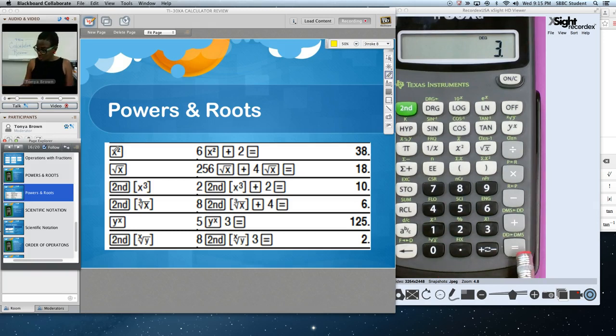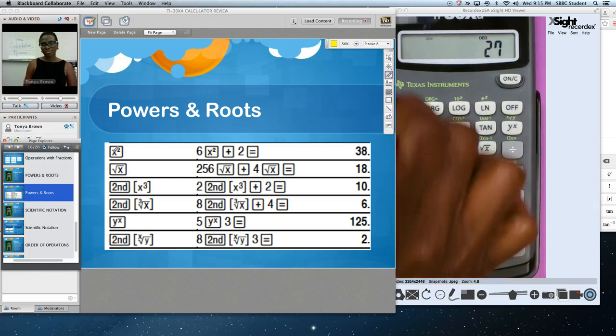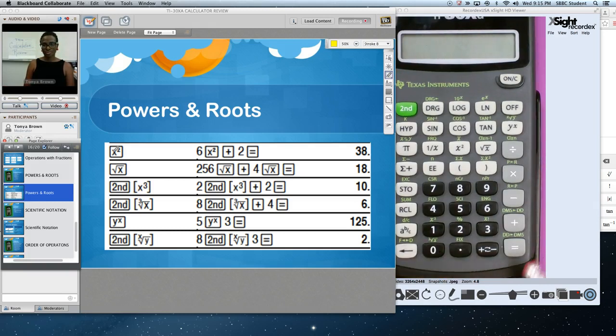Let's do it again. 27. Hit the second key. Hit 0 for cube root. And it gives us our value. 3.